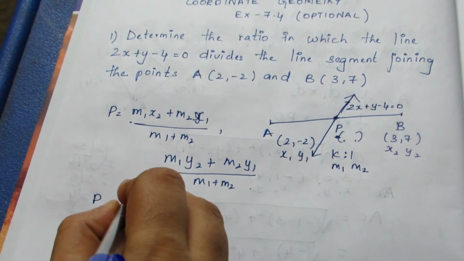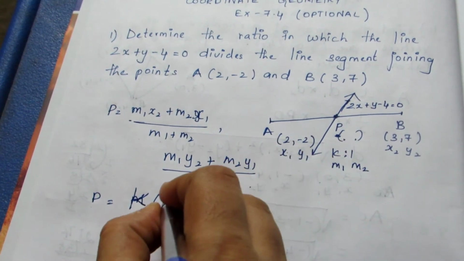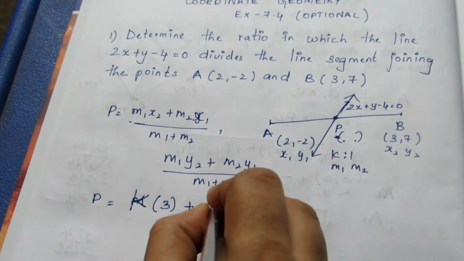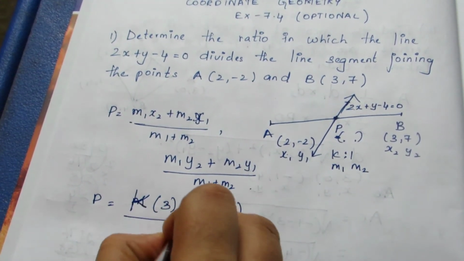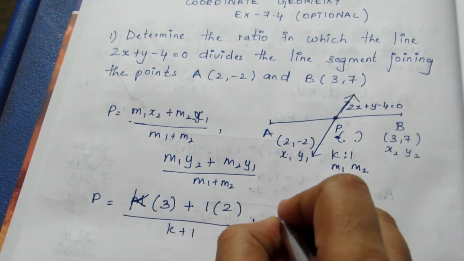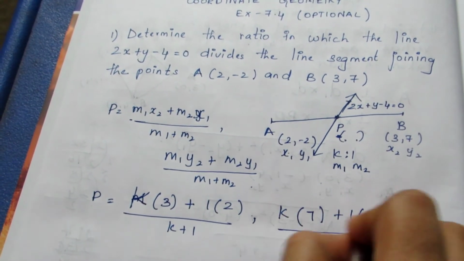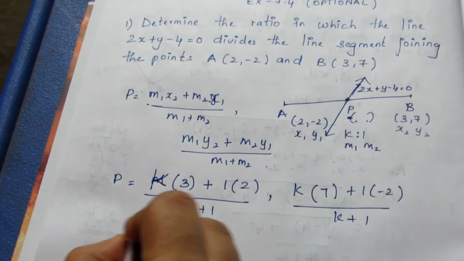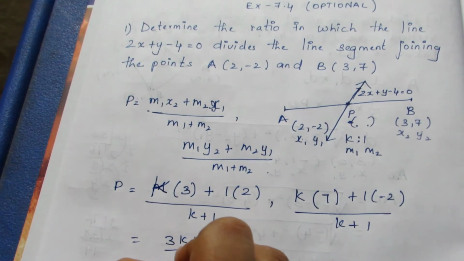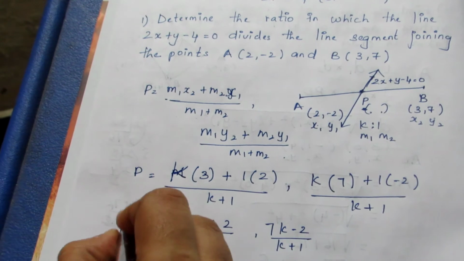Now m1 is k, so k into 3 plus 1 into 2 by k plus 1, and m1 y2, so k into 7 plus 1 into minus 2 by k plus 1. Now if we solve this, we get (3k plus 2) by (k plus 1), (7k minus 2) by (k plus 1). These are the coordinates of P.